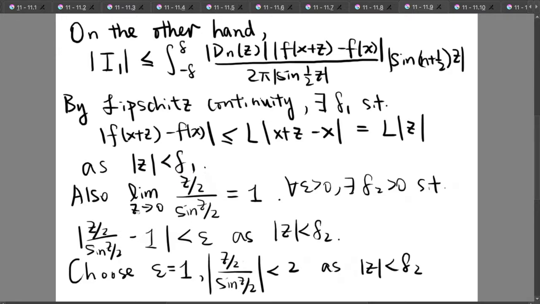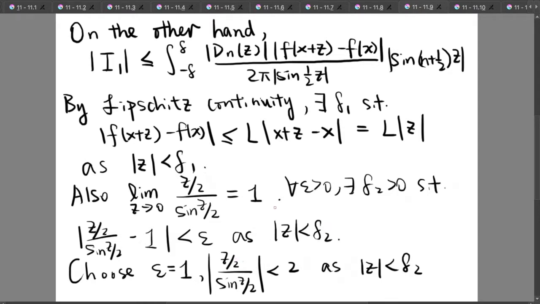Also, we know that as z tends to 0, (z over 2) over sine(z over 2) tends to 1. So, we know that for all epsilon greater than 0, there exists a delta 2 greater than 0 such that the absolute value of (z over 2) over sine(z over 2) minus 1 should be smaller than epsilon, as the absolute value of z is smaller than delta 2.